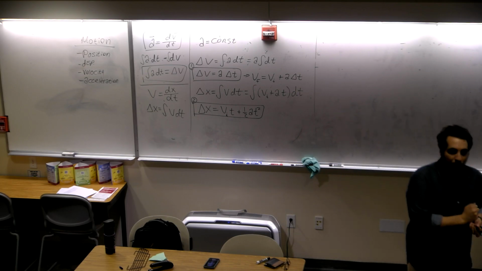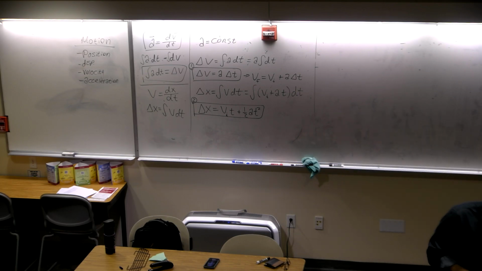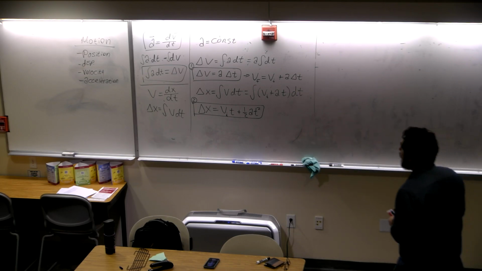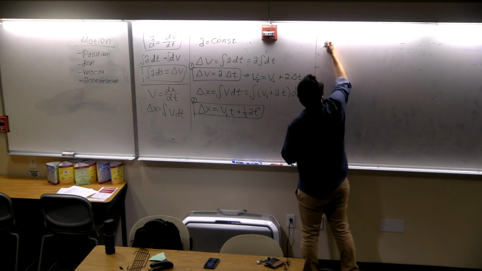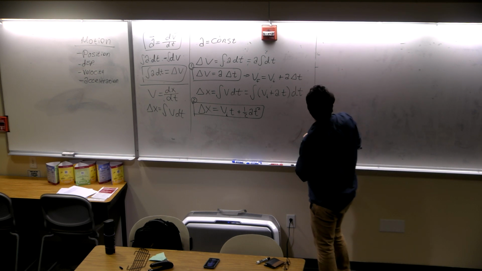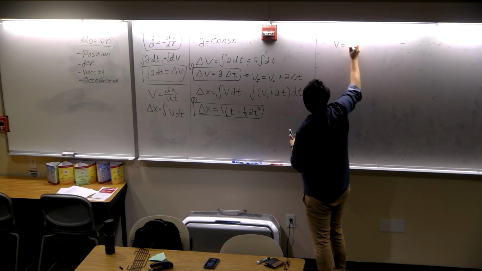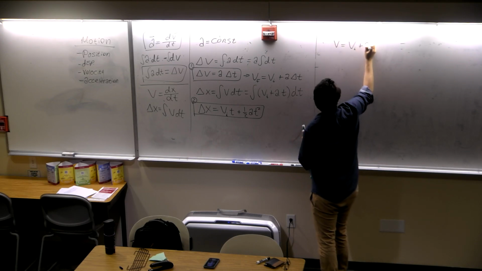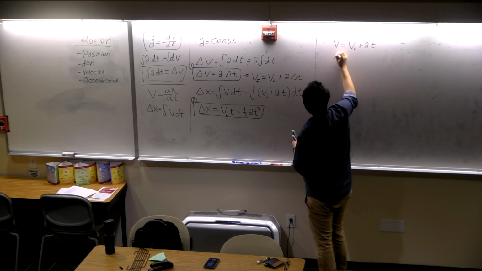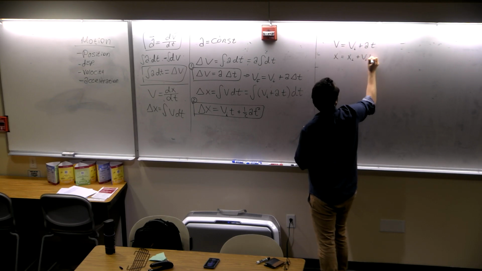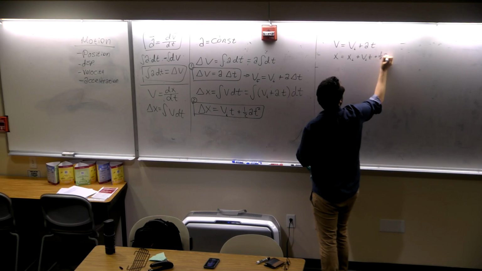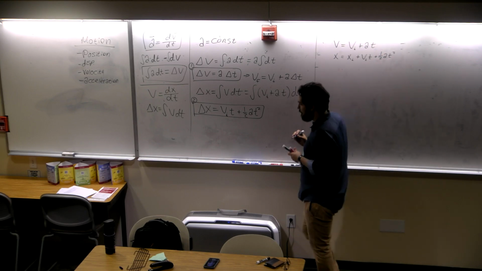So we get to this point. The last two lectures have really built up to giving us these two equations for constant acceleration motion. V equals v initial plus acceleration times time. X is equal to x initial plus v initial t plus 1/2 acceleration times time squared.